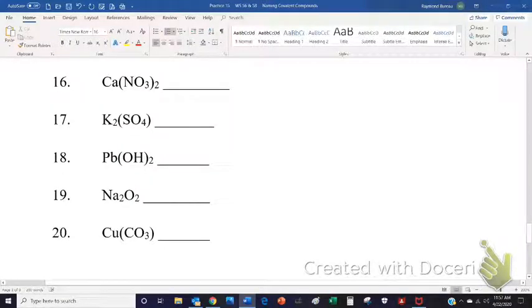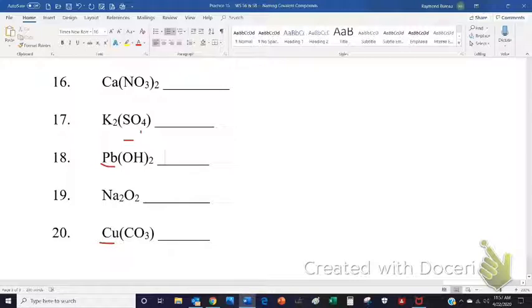Okay, I'm going to do two more for you and let you finish this up yourself. Number 18 and number 20. And that's because of something we saw up above a moment ago. Lead has more than one oxidation number. It's a transition metal with multiple oxidation numbers, same as copper. So what we're going to do is look at the oxidation of the polyatomic ion like we did before.